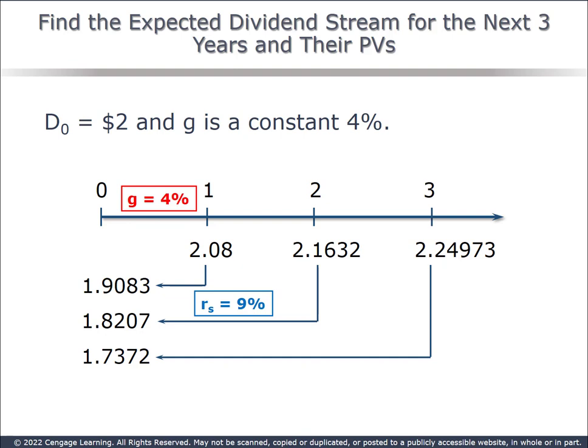D1 is equal to D0 times 1 plus G. D2 is equal to D1 times 1 plus G, etc. So D1 is equal to $2 times 1.04, 2.08. D2 is equal to $2.08 times 1.04, 2.1632, and so on.